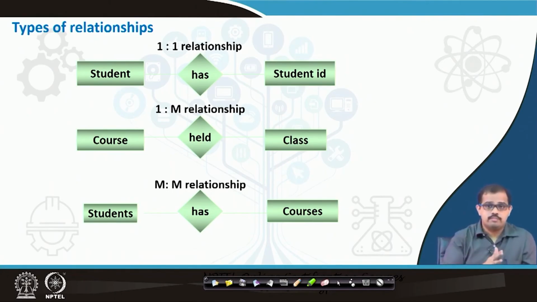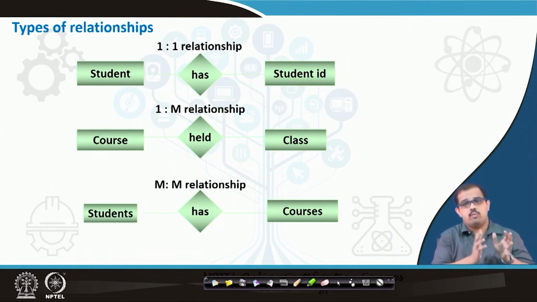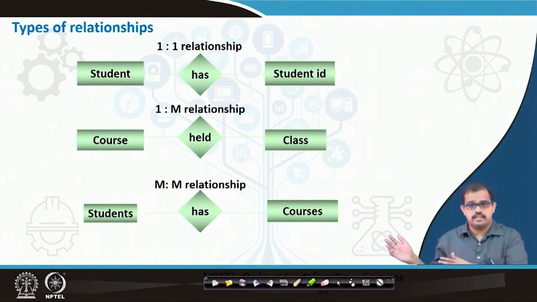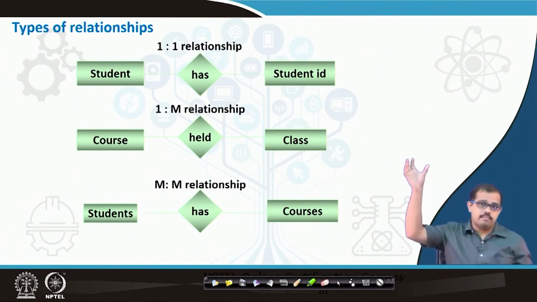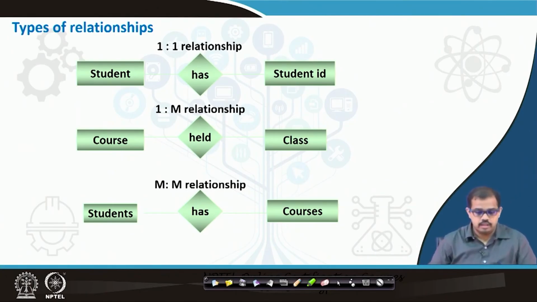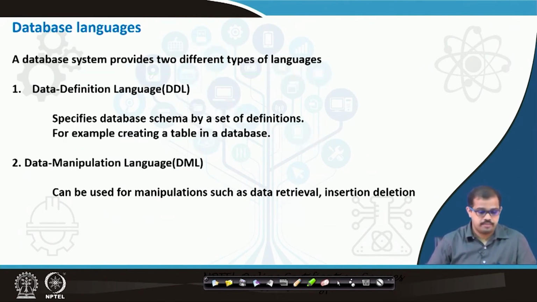Whereas 1:many is defined between one entity and many entities, a relationship that connects them. Then you have the many to many relationship, where many entities and many entities are related through various means. So that's about the types of relationship that exist.